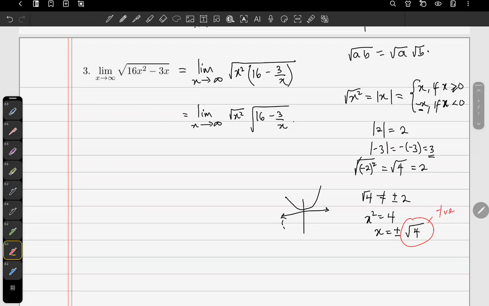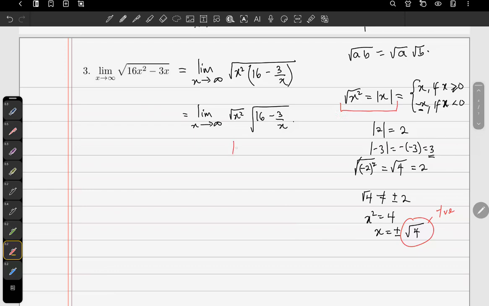But with real numbers, real calculus of real variables, the square root function is a non-negative function. So we've established the fact that the square root of x squared is the absolute value of x, not just x. That is very important and vital in this question.